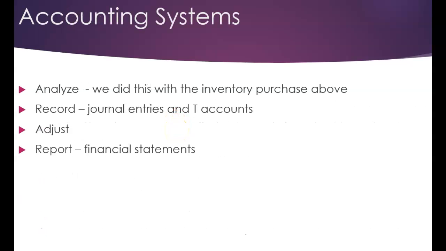So when we're talking about transactions, how do we organize information in such a way that we can accumulate it, evaluate it, and report? And ultimately the report is going to be your financial statements. So analyzing what is the transaction that occurred. We purchased inventory.